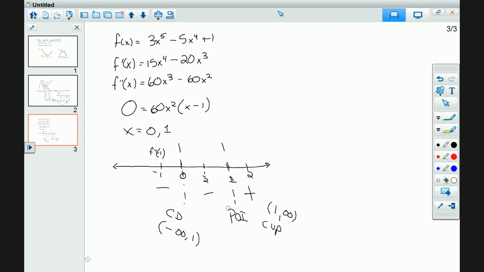If the first derivative is negative, all I know is that we're decreasing, right? If the second derivative is negative, that is concave down. That's the difference, okay?